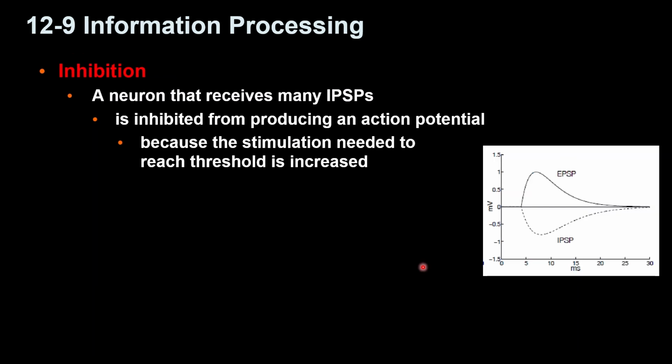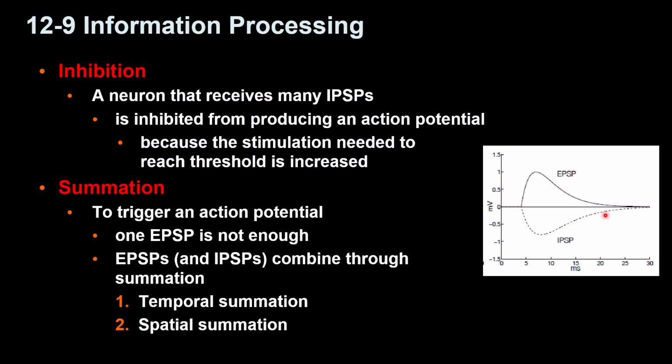So if you get a lot of inhibitory postsynaptic potential, what will happen? That will go further away from the threshold. That will inhibit action potential. And the opposite of that is summation, that you will get a lot of positive graded potential, or a lot of positive depolarization, I should say.